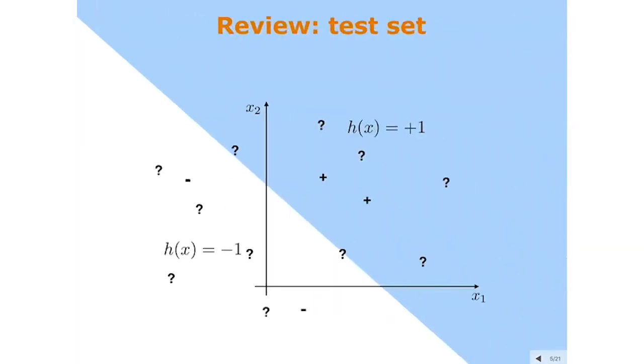Now, the real task that we wish to solve is to correctly classify those test examples that we have not yet seen. And the trick here is to somehow guide the selection of the classifier based on the training examples such that it would do well on the examples that we have not yet seen.